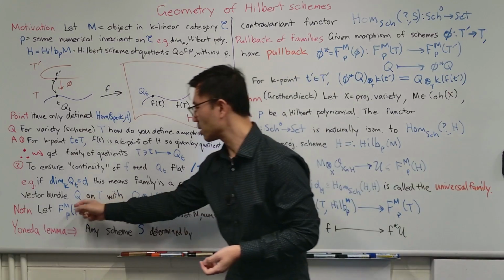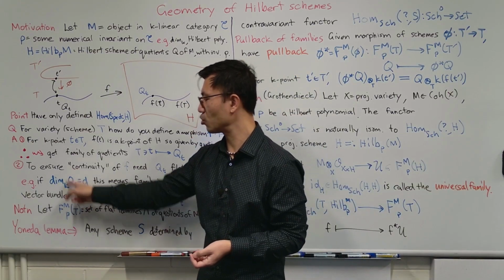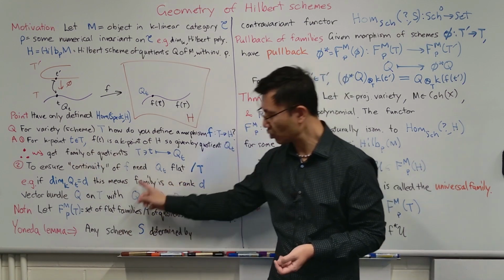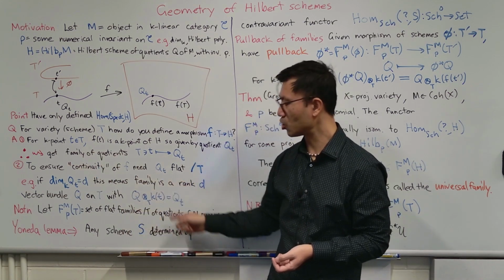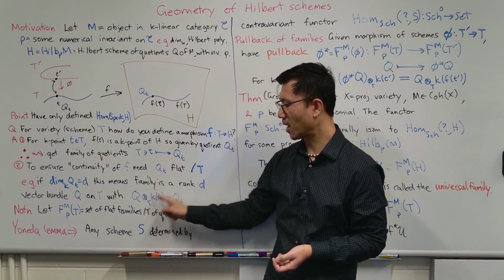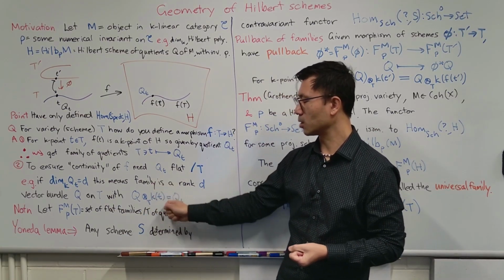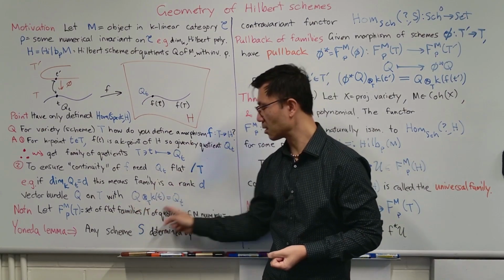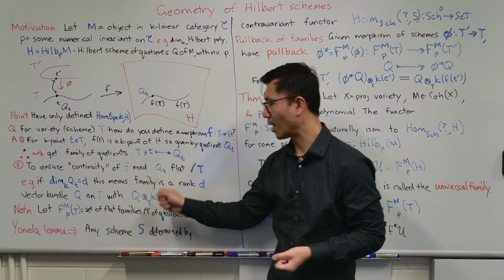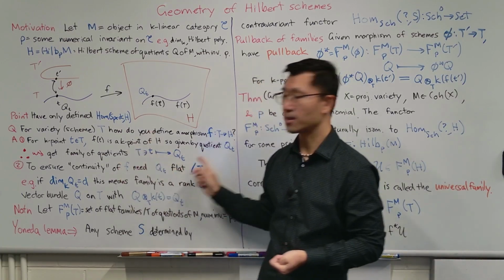And of course, this vector bundle Q, basically, at any point T, closed point T, it should give you this QT. So in algebro-geometric notation, we write this at the point T as Q tensor over T, k of T. This is basically the residue field at this point T. So this is the notation for the vector bundle at T, this k point T. This should equal the QT that's in the family.